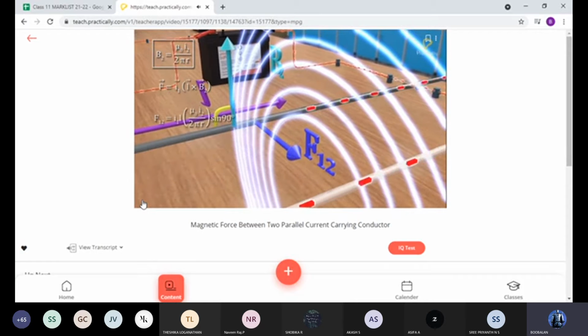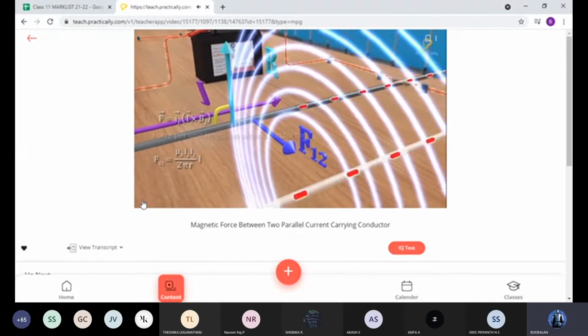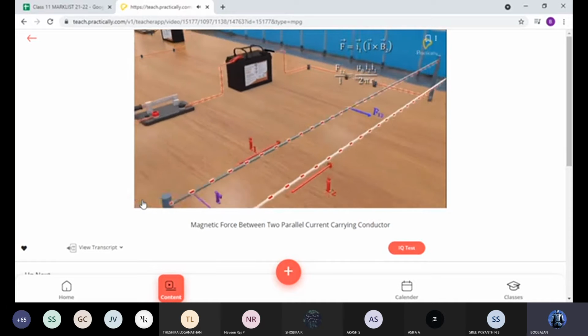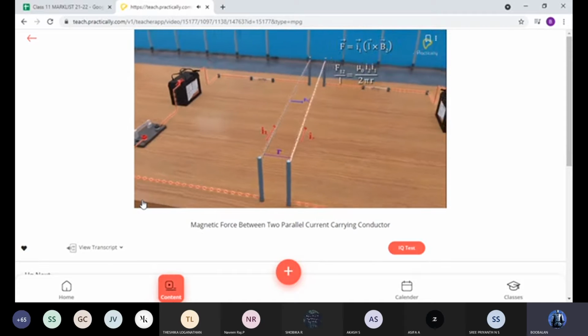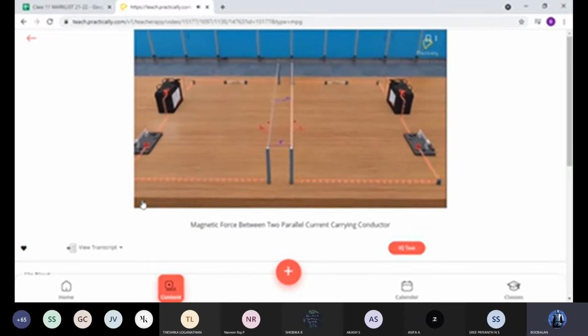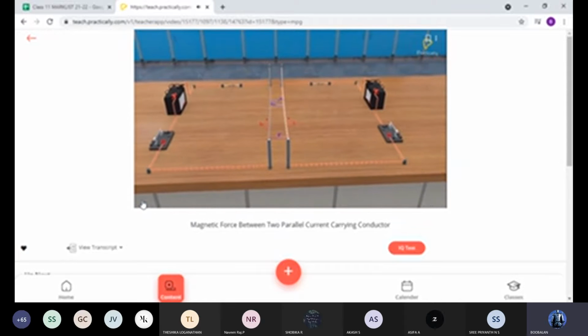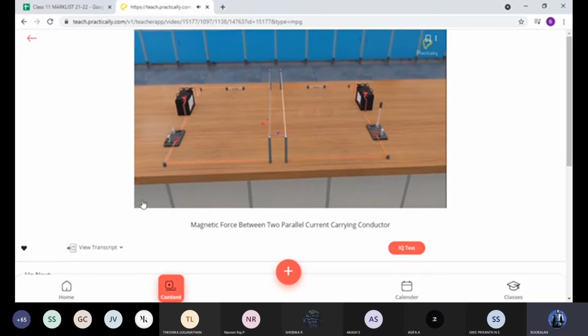Substituting B2 gives force on first conductor per unit length F12 by L equals mu naught I1 I2 by 2 pi r. Magnitude of force per unit length for the two conductors is equal. Two conductors get attracted if current in both conductors is in the same direction.